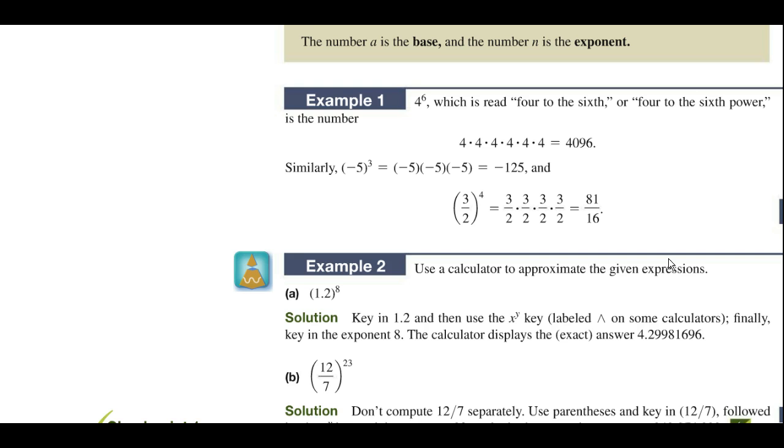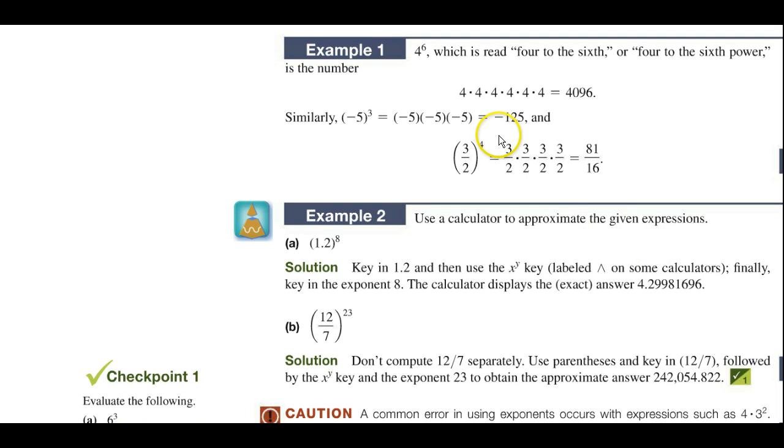So, going on to example 1, this is 4 to the 6th power, and generally we put that in our calculators, and we're able to use this technique: 4, and then in your calculator there's a little mark that's called a caret.